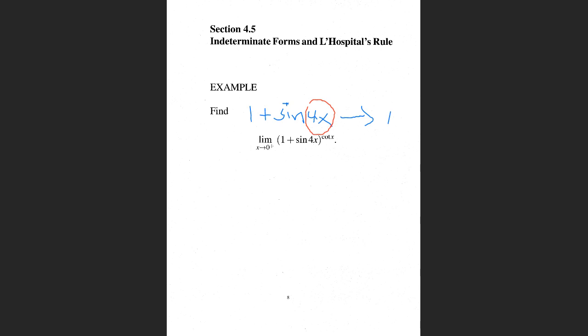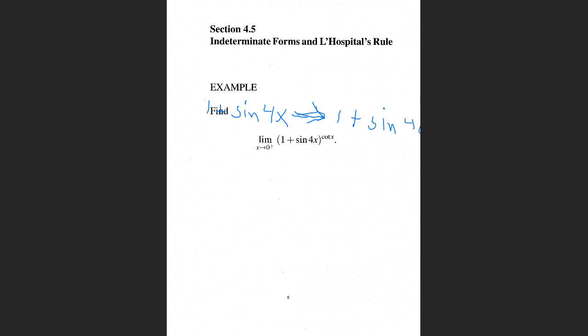If I want to be more clear, let me write it like this. 1 plus the sine of 4x approaches 1 plus the sine of 4 times 0 as x approaches 0.